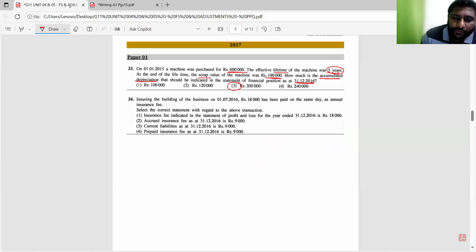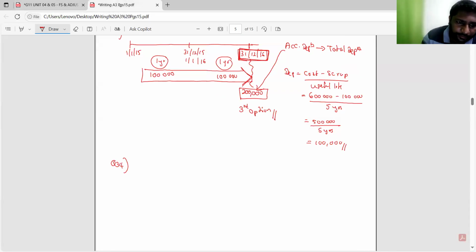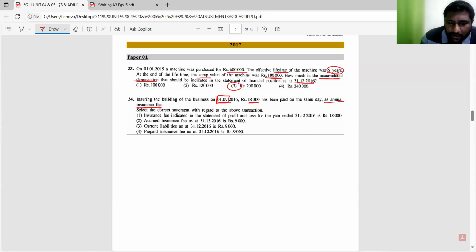Insuring the building of the business on 1st July, 80,000 paid as annual insurance. For the entire year, you have paid. Correct statement. What you have to understand, here is our accounting year end.